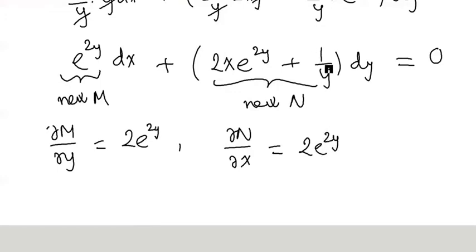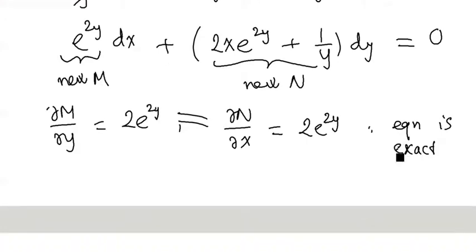This is 1 over y, which does not have x, so the derivative is 0. The two things are the same, they're equal. So the new equation is exact, and we can find the potential function and solve the equation.